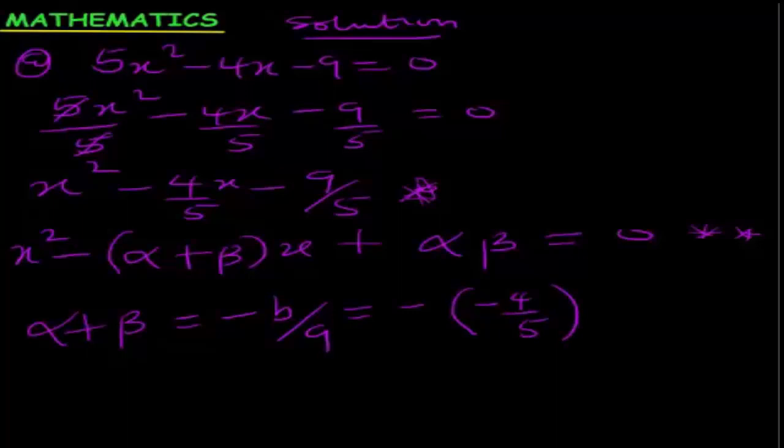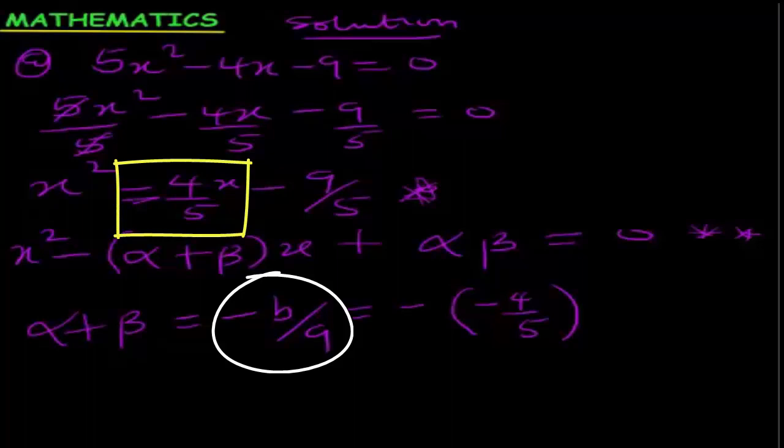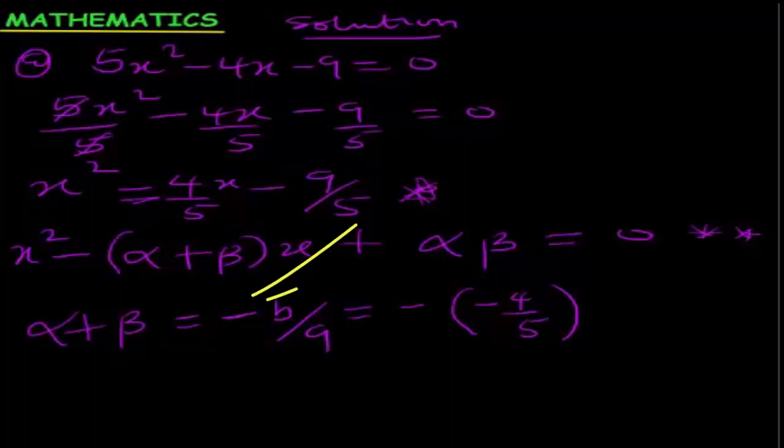That is what we're going to have, which obviously you know the reason why it is minus minus. The formula for the sum of roots is minus b over a, and there is a minus here. So this minus here is what you are seeing here, and this minus here for the minus 4x over 5 is what you are seeing inside the bracket.